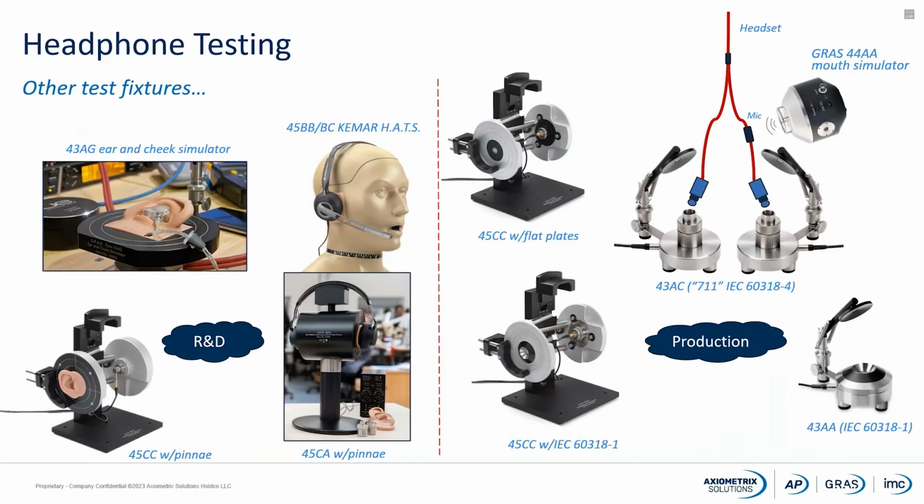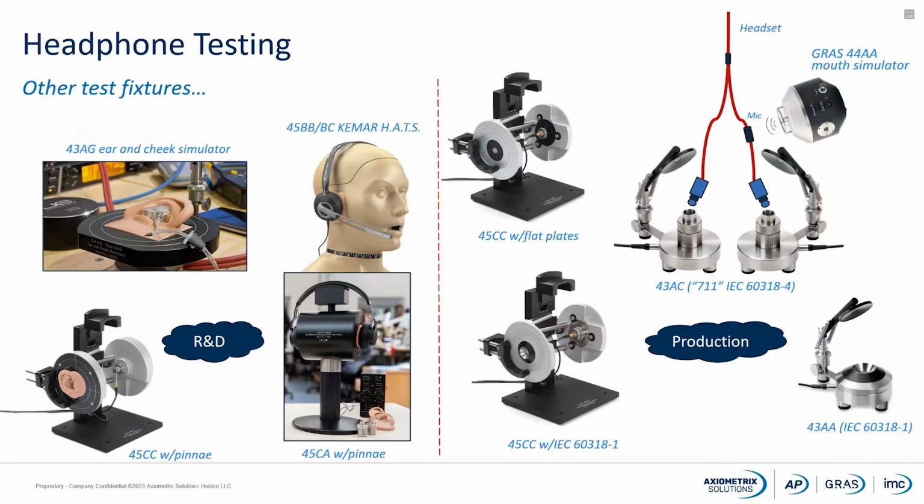When you are developing new headphones, it's a good little bench tool for doing a lot of easy tests. It's the same type of ear simulators you have there, and the same type of pinnae you are using. And the 43AG is also available in a version where you have the anthropometric pinna.